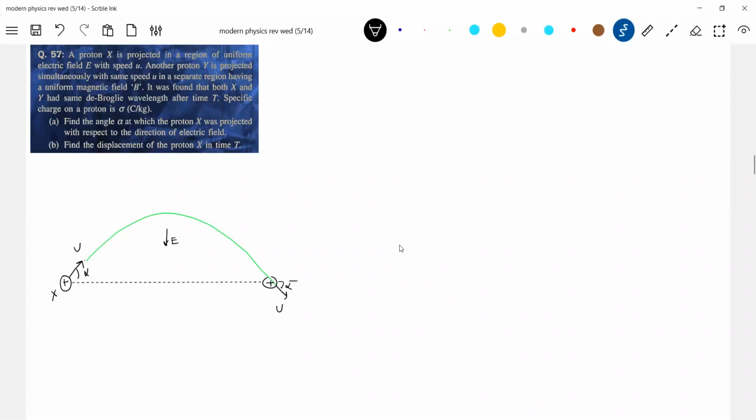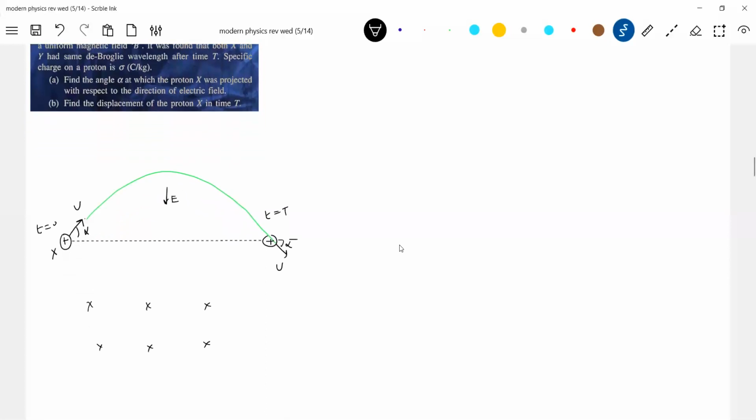Okay, agree, this will be, so at t equals 0 I projected it. Then another proton, there is a uniform magnetic field. So the proton in a magnetic field is going to revolve in a circular path.